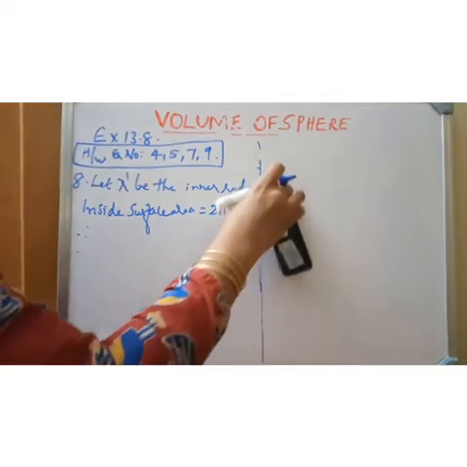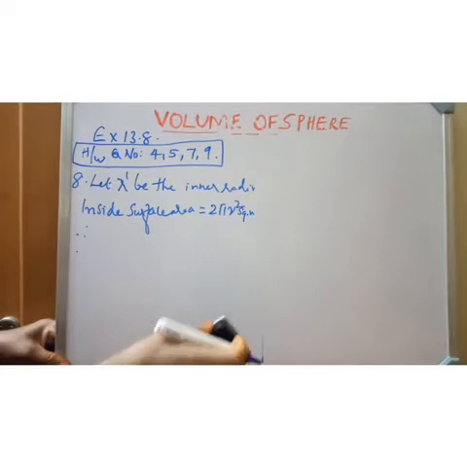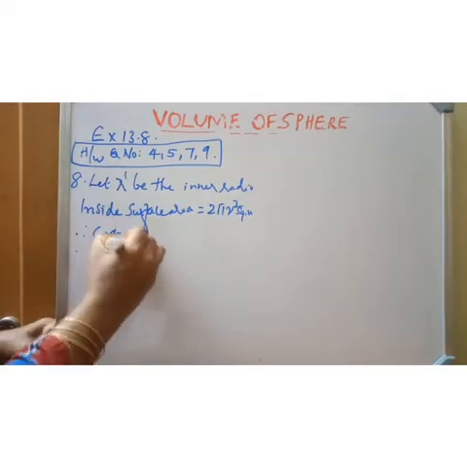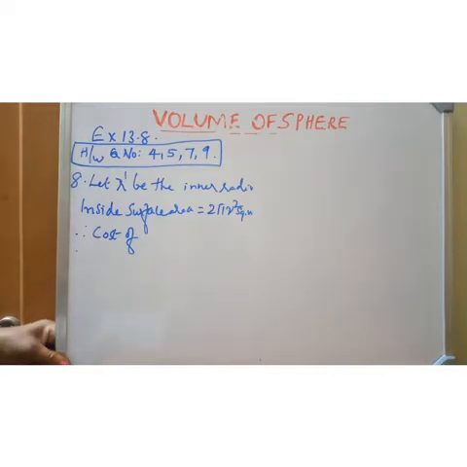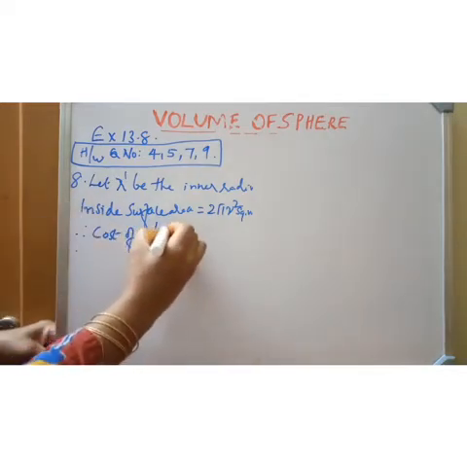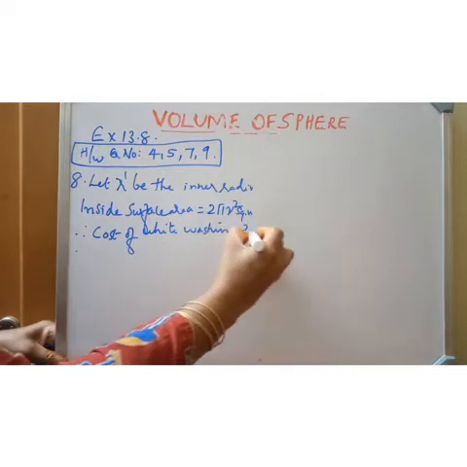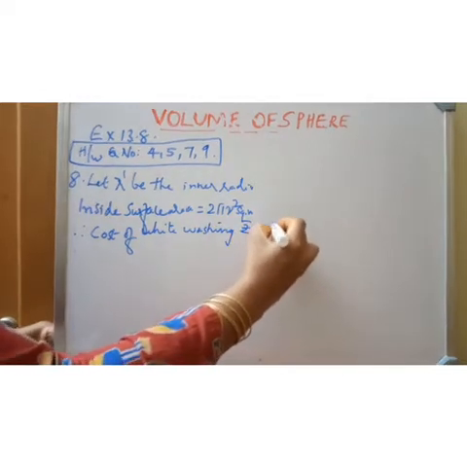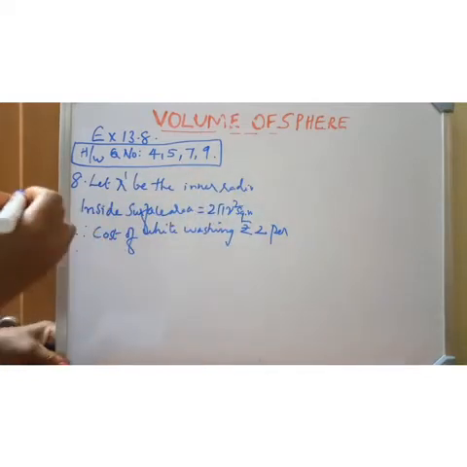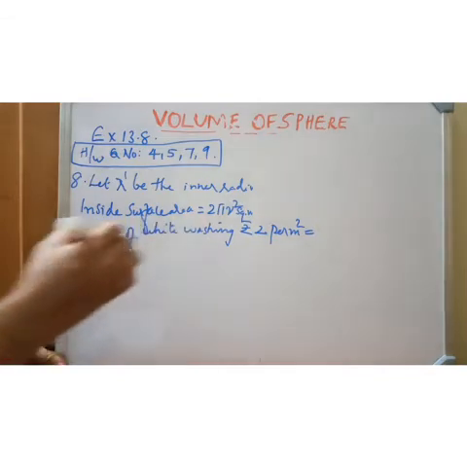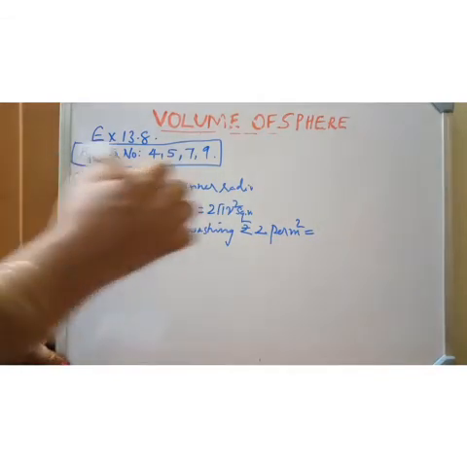Therefore, cost of whitewashing, rupees 2 per meter square, equal to what will come?